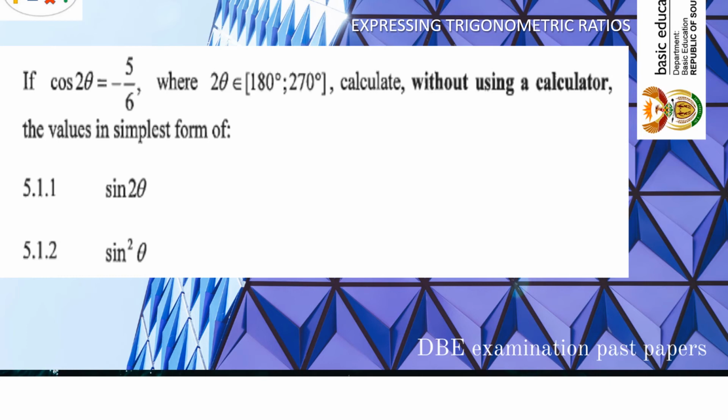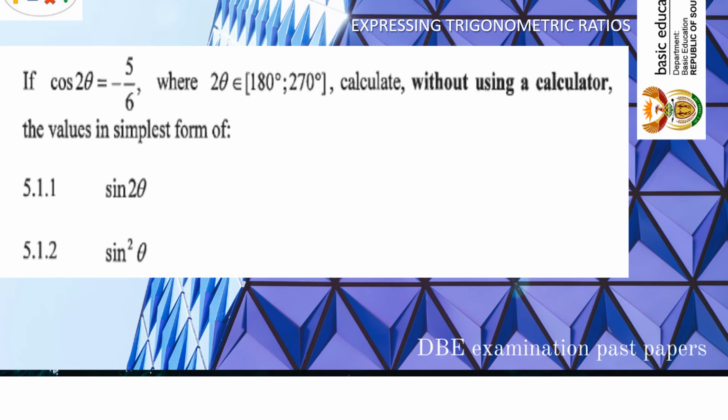So they said if cos 2a is equal to minus 5 over 6, where 2 theta is between 180 degrees and 270 degrees, then calculate without using a calculator the values in simplest form of 5.1.1, sine 2a.